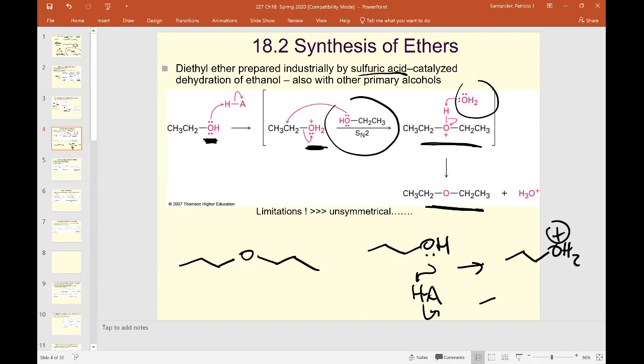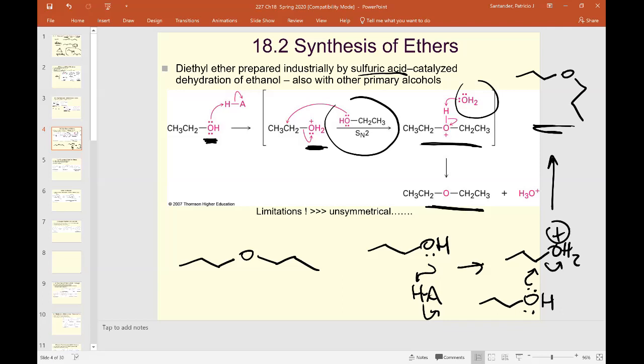And then I can have another molecule of the same alcohol that can act as a nucleophile, displace the water molecule, and in that way I will form the dipropyl ether after the deprotonation of the oxygen, and that will give me that as a final product.